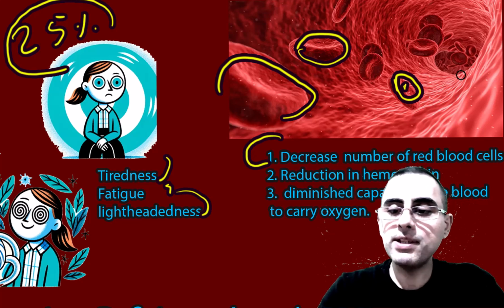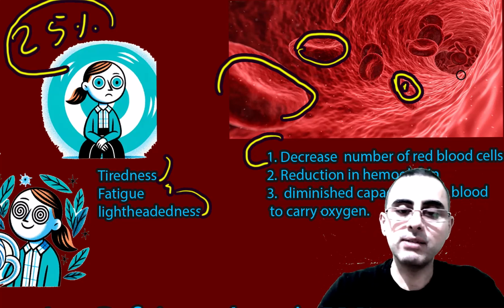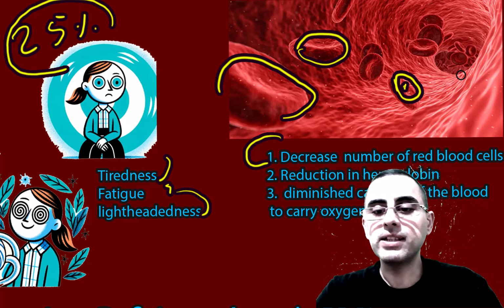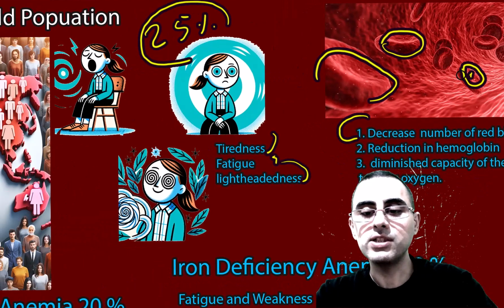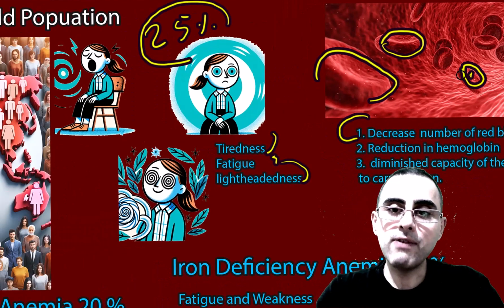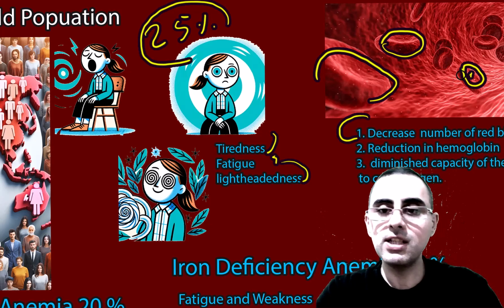And a diminished capacity of the blood to carry oxygen is also anemia. Red blood cells have the main function of carrying oxygen and oxygenating our tissues.